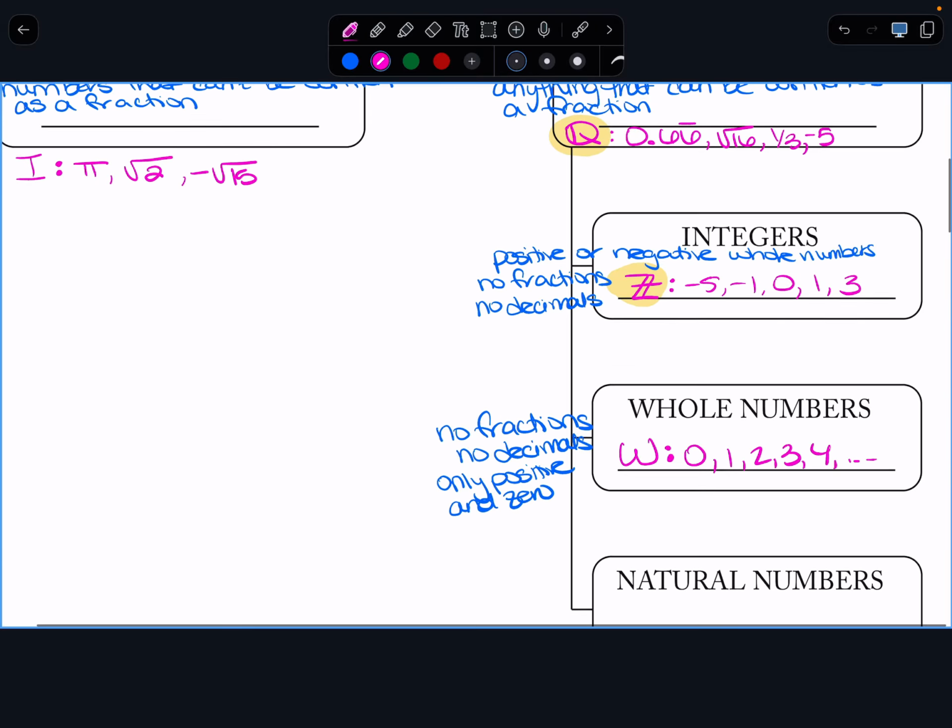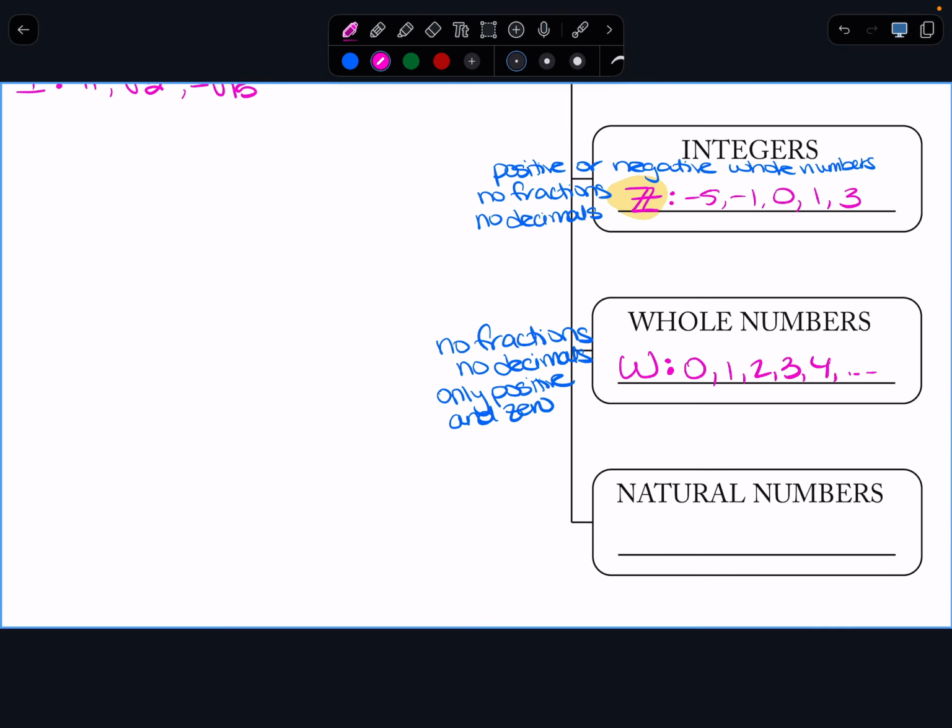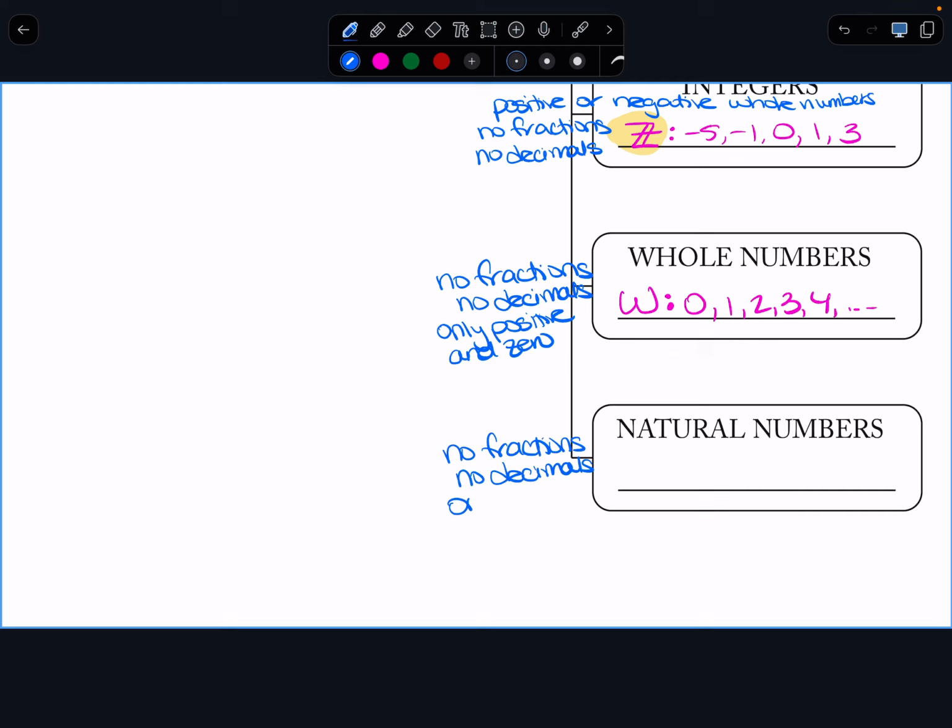Simple. Natural numbers: no fractions, no decimals, only positive, and no 0. It has a symbol.